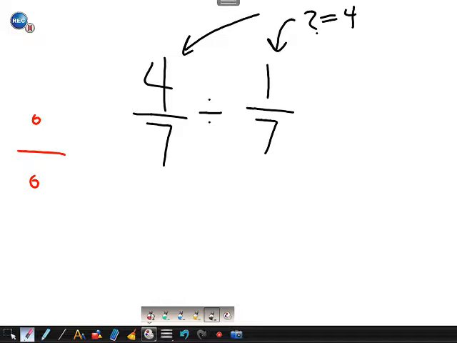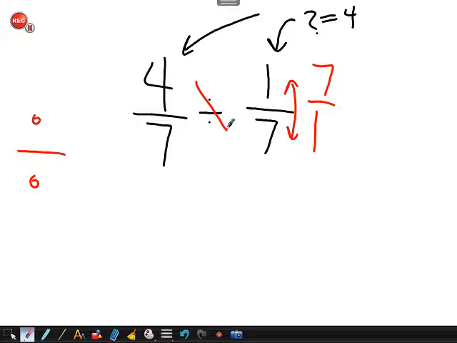So let me show you. We flip our numerator and denominator, that gives me 7/1. And since we've taken the opposite of 1/7 and made it 7/1, we now have the opposite operation here. So we've made our division problem into a new multiplication problem, and it looks like this.